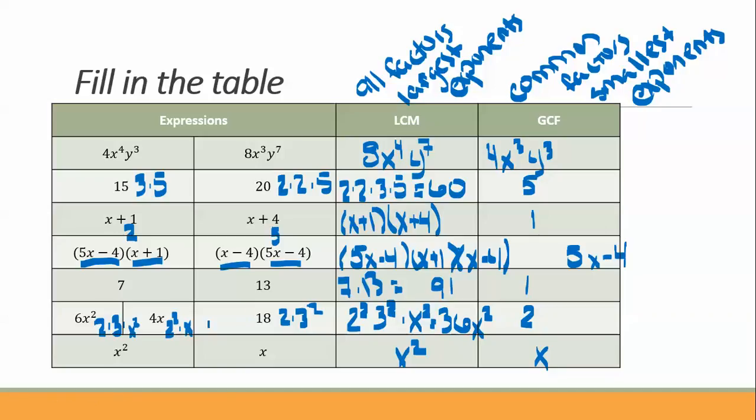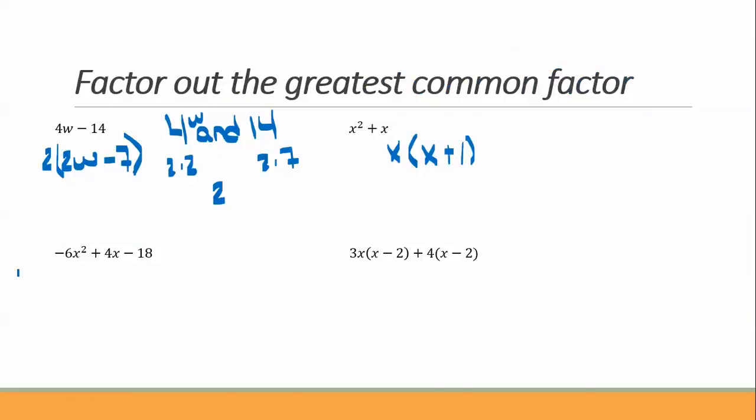So our greatest common factor of 6x squared, 4x, and 18 was 2. So our greatest common factor to factor out of negative 6x squared plus 4x minus 18 is negative 2. We want to factor out that negative 2 because if we have to factor more, it's easier if you have the negative factored out. So then what do we need to multiply negative 2 by to get negative 6x squared?